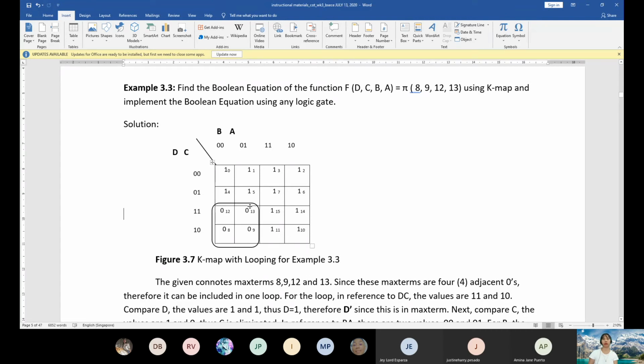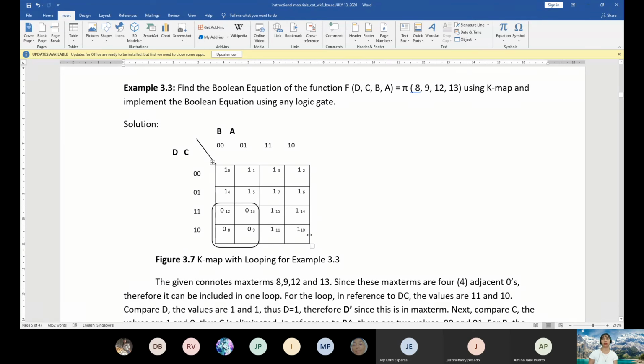If that is so, using max terms, we can group these adjacent fours into just a single loop. So we only have a single loop.